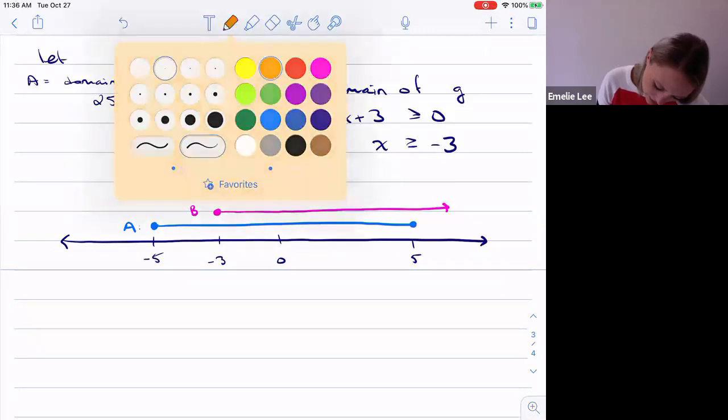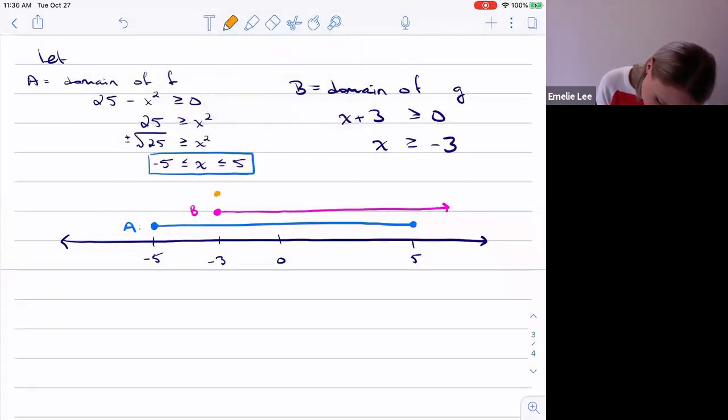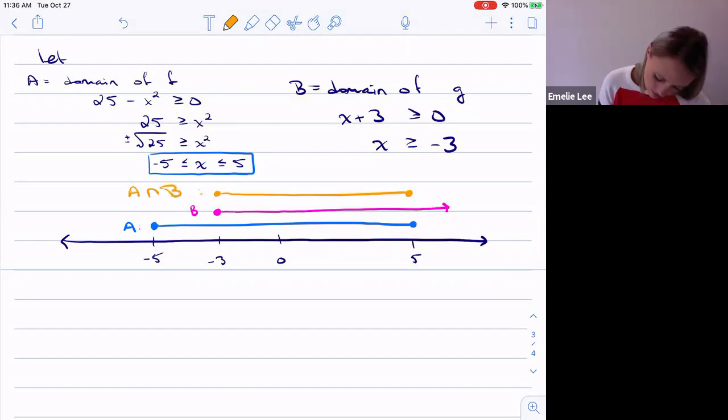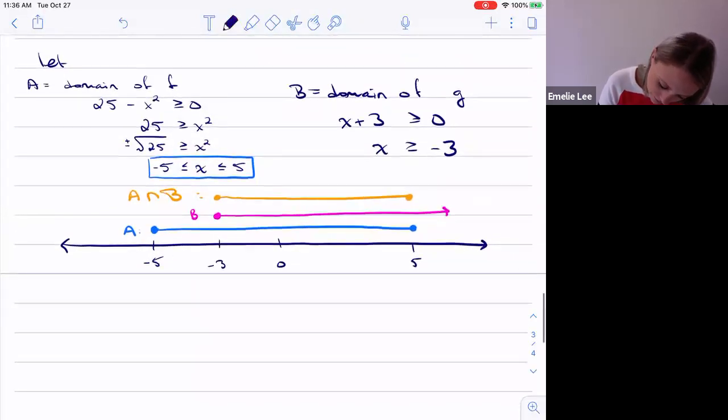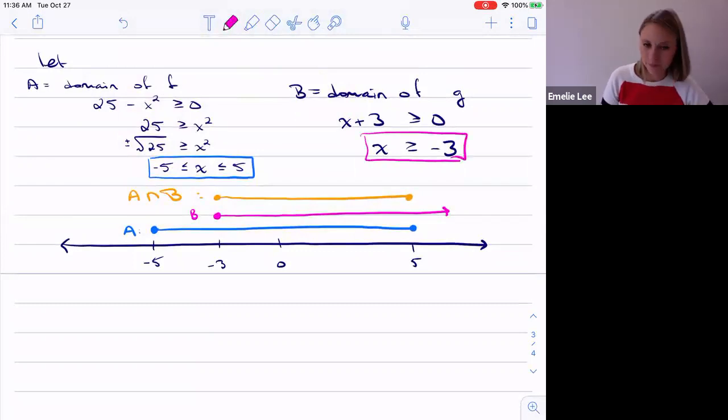So I'll pick a different color here. Closed at -3 to 5. So A and B is the orange one, the overlap. Oh, I guess I should color code these. There.